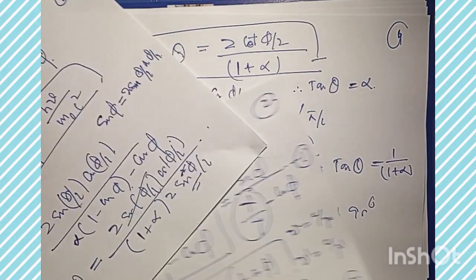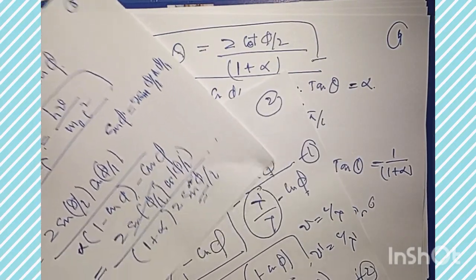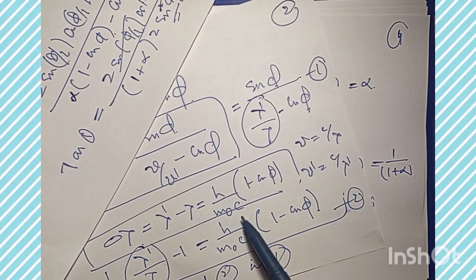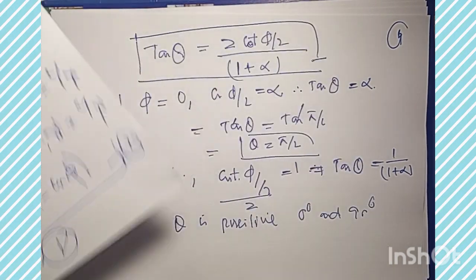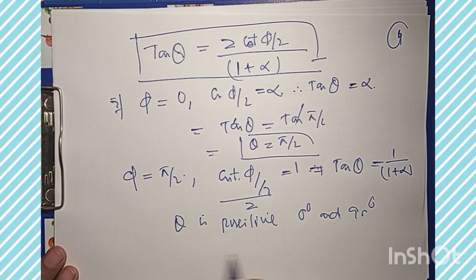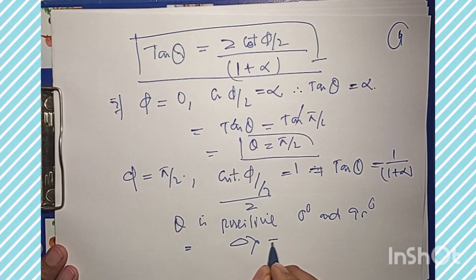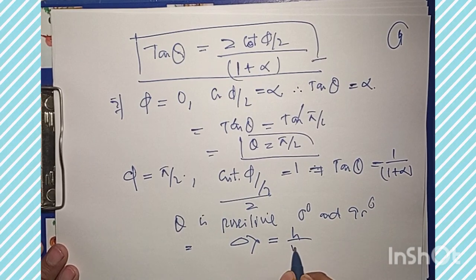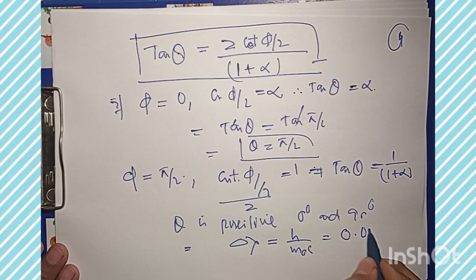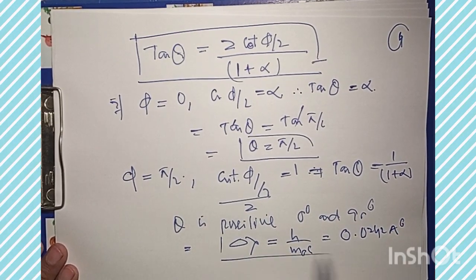This delta lambda is h by m naught c times 1 minus cos phi, and in this case, what we are going to obtain is the value of this delta lambda, that's the Compton shift, that is h by m naught c for this case, and that's already calculated as 0.0242 angstrom.